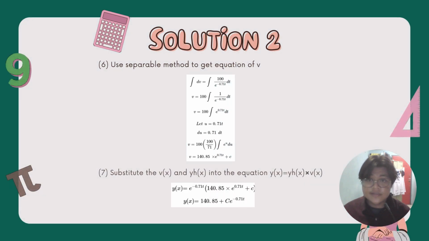Step number 6 is we use the separable method to get the equation of v, and we get v equal to 140.85 times exponential 0.71t plus c. Step number 7 is to substitute v(t) and y_h(t) into the equation y(t) equal to y_h(t) times v(t). Then we get y(t) equal to 140.85 plus c exponential negative 0.71t.